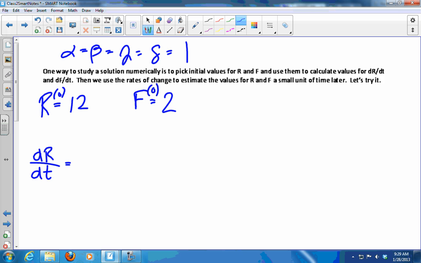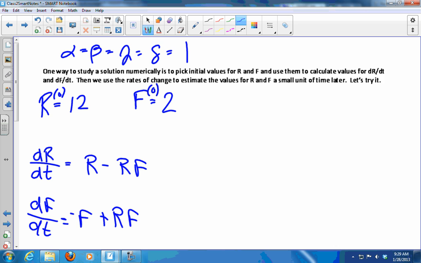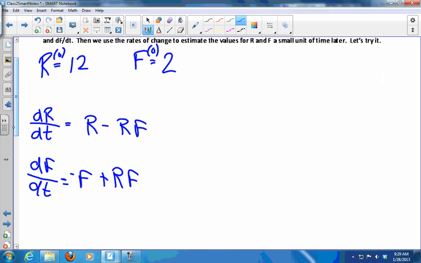So dR/dt, which is going to be alpha R, so just R minus RF, and dF/dt is negative F plus RF. So now I plug in my initial values for R and F, and I have 12 minus 12 times 2, which is negative 12.